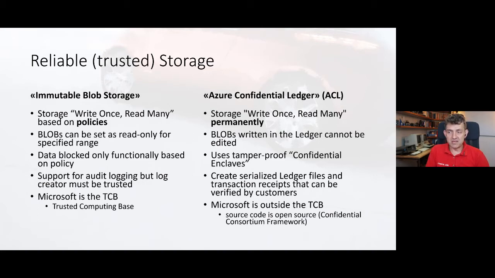While with Azure Confidential Ledger, Microsoft is completely outside the trusted computing base, because the source code is open source and is done by a confidential consortium framework that is defining how the confidential ledger needs to be secured.